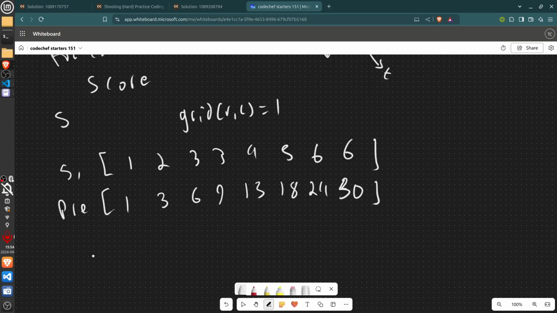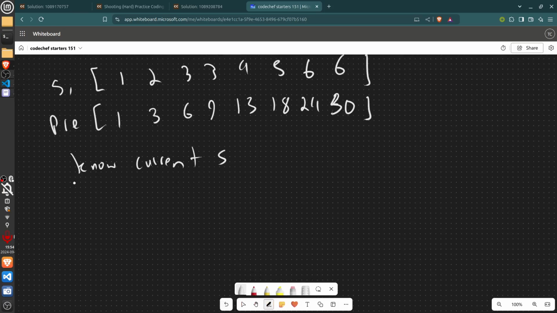Now, how would you calculate the difference? Let's say you know your current S. How could I calculate the distance, the score along the S dimension? Here's how you can calculate it.